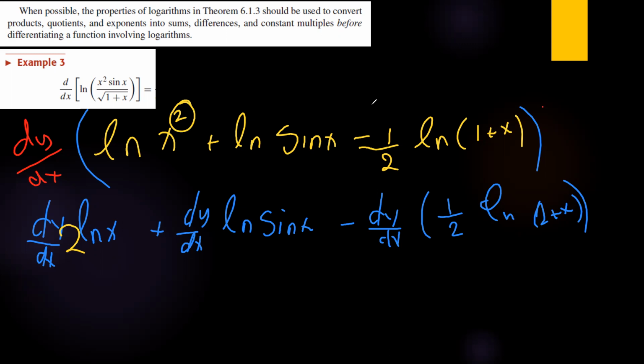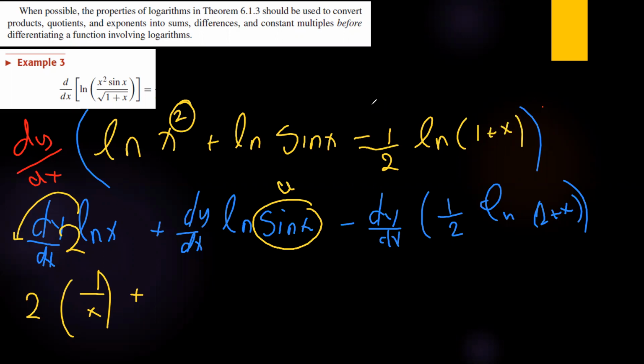Then this 2, keep it outside. Now what is the derivative of ln of x? 1 over x. Plus the derivative of ln of sine: it is 1 over u, which is sine of x, times the derivative of sine, which is cosine x.